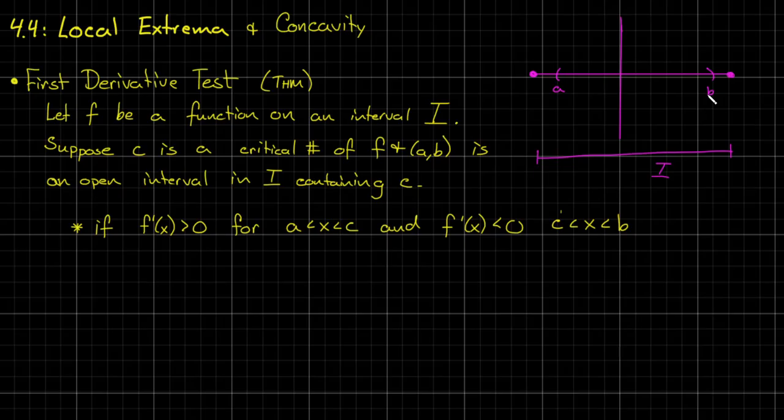So we have a function that's going to be defined on that larger interval, and in there, there's a critical number of f, and A to B is in between here, and C is somewhere in here. Arbitrarily, I don't care where it is, you just hoot and holler where I'm at C. Okay, so here's my critical number, C. Now in this case, it's a 0 of my derivative, but it could be undefined, right?